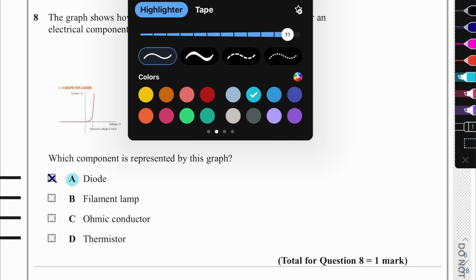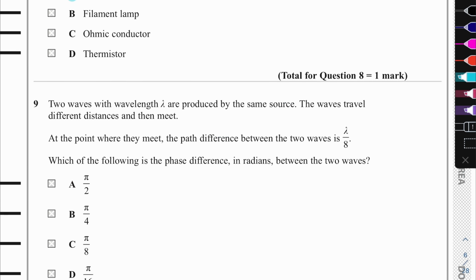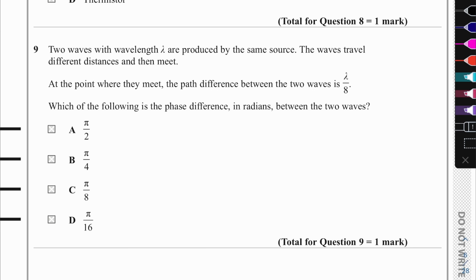Now for question number 9. Two waves with wavelength lambda are produced by the same source. The waves travel different distances and then meet. At the point where they meet, the path difference between the two waves is lambda over 8. Which of the following is the phase difference in radians between the two waves?